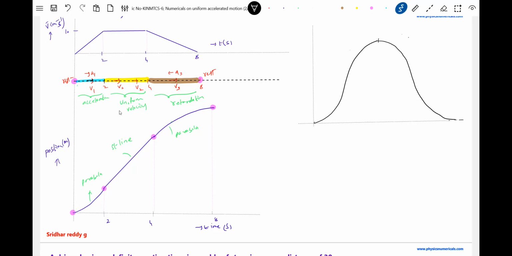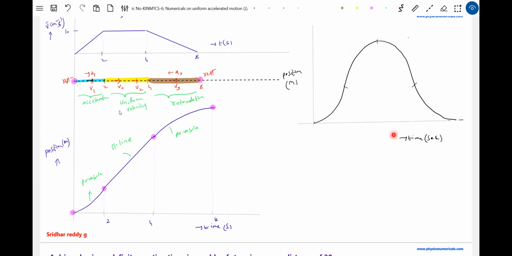Okay, here there's a curve. If somebody plots a position versus time graph, look at the different parts of the curve. What does it mean? The slope of the curve, you see, keeps on increasing. So it is said to be accelerating in the forward direction.